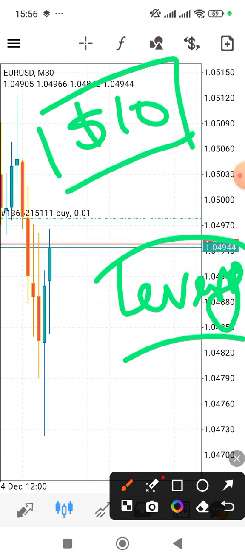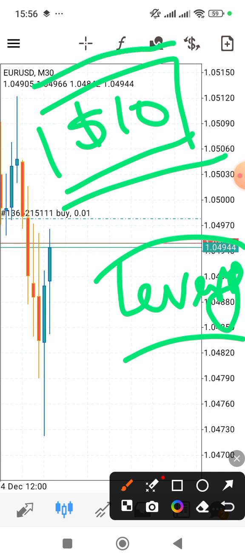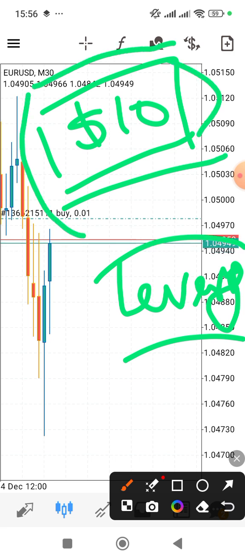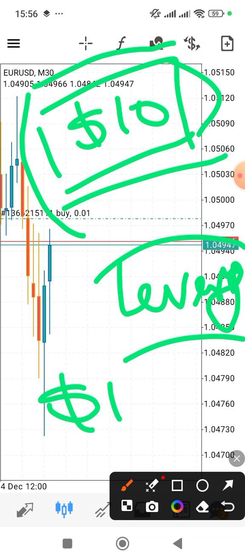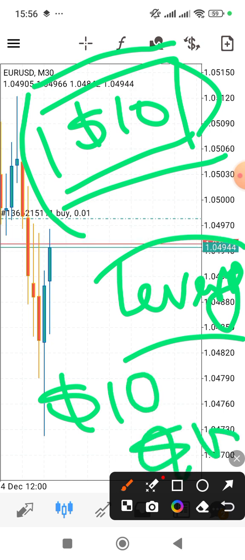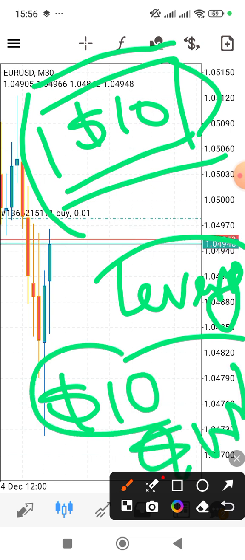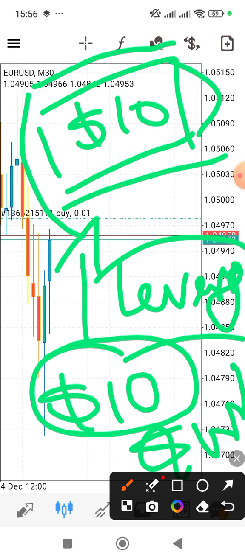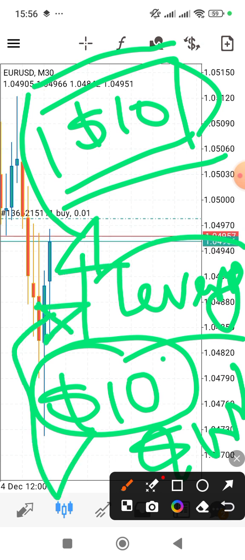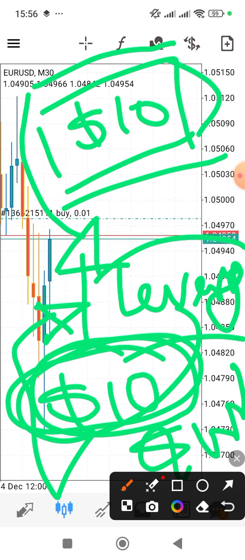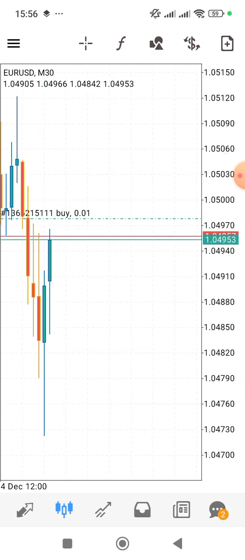You already know the meaning of leverage in layman's terms. It's not like you deposit $10 and will now see $1,000 in your account. No, it's still that $10 you are seeing, but because of your broker's leverage, you can use that $10 to trade and even trade more.